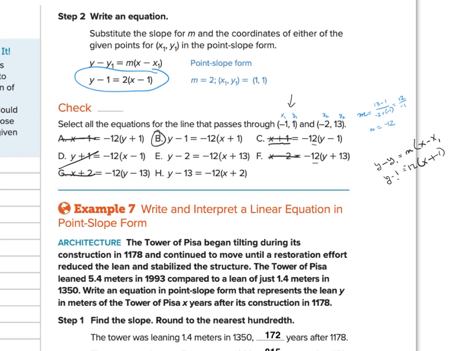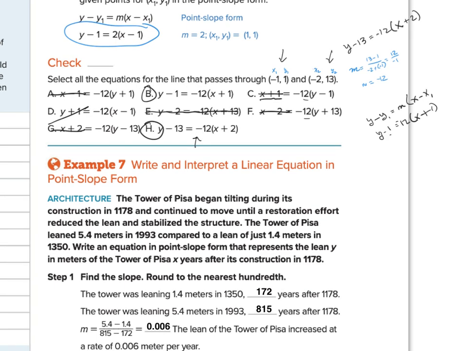Looks like this one is possible. And then if we use the next one, this point right here, that should be y minus 13 is equal to -12 times x plus 2, which is, I think, this one right here, and then this one would be removed. So those are the two possible choices, two possible choices for point slope form.